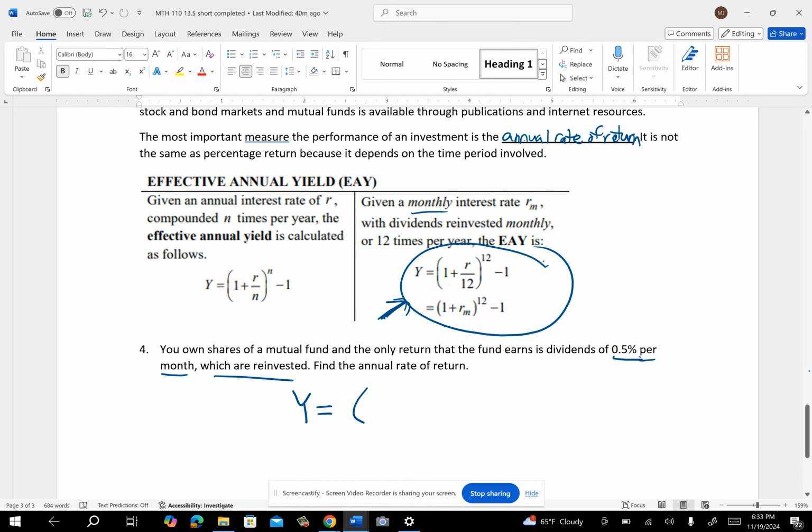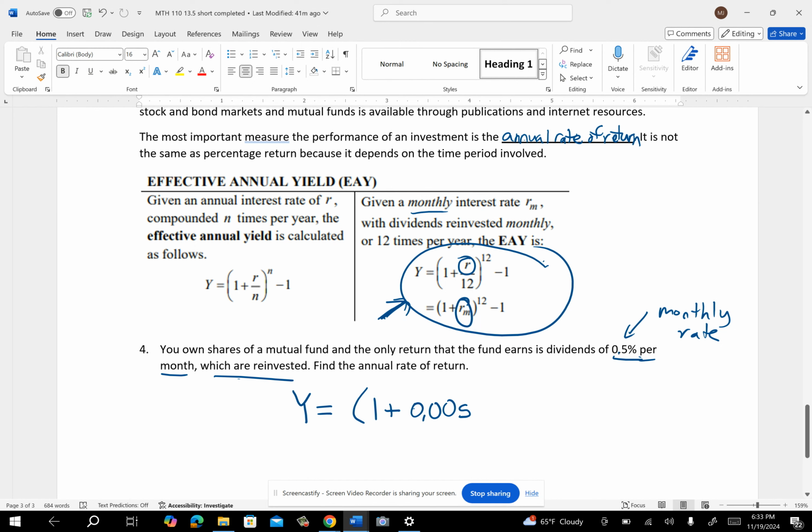So what we're going to do here is take 1 plus the interest rate per month, which we happen to already have. So that's this. We don't need to divide by 12 because the R in this formula was the annual rate, but we're being given the monthly rate. This is the monthly rate already. Okay, so I'm going to plug in 0.005.